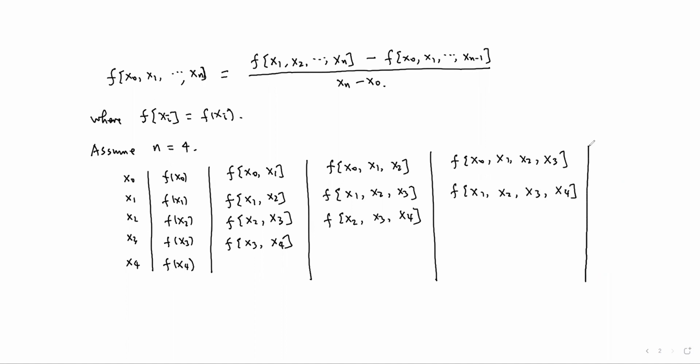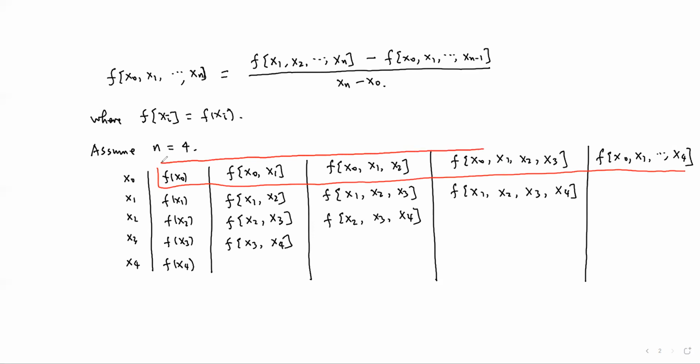Then finally, from these two numbers, we can compute this number, the divided difference at x0 to x4. The top row, the entries are the coefficients of the Newton interpolation polynomial.